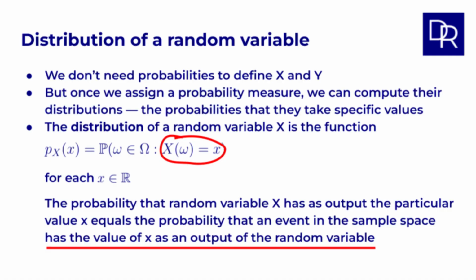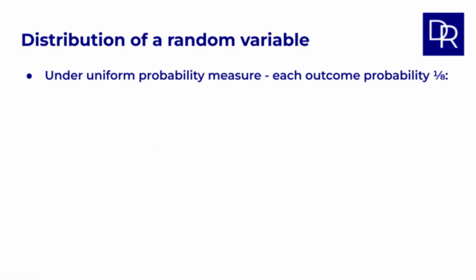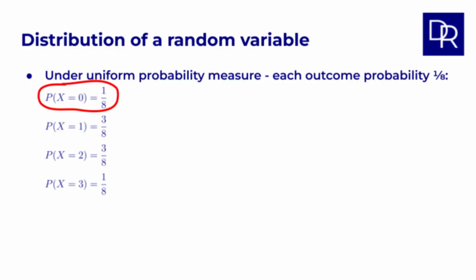For example, under the uniform probability measure, where each outcome is equally likely, and here we have 8 possible outcomes for 3 coin tosses, so each has probability 1 over 8, the probability distribution looks like this. P(X=0) is the probability of no heads, so this occurs only for the single outcome tails, tails, tails.